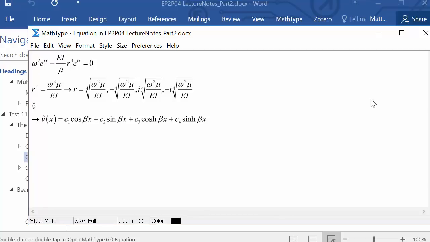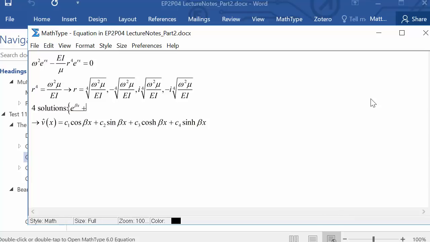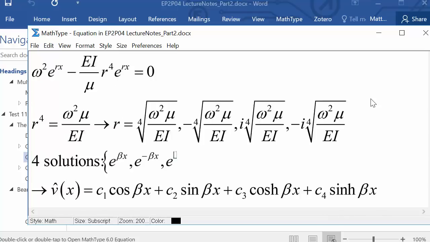We could say v hat at x is equal to some, so we found basically 4 solutions, which are e to the beta x, e to the negative beta x, e to the i beta x, and e to the negative i beta x.